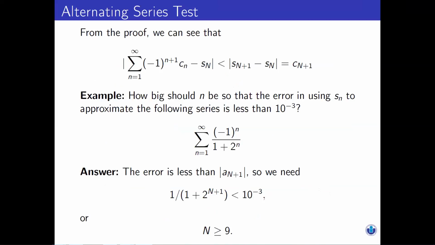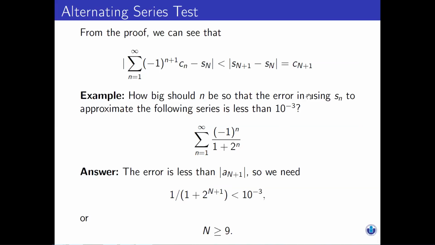If you want this error less than 10 to the minus 3, then you need the next term, 1 over 2 to the power n plus 1, less than 10 to the power minus 3. So you need n bigger than 9. Okay, so let's go back.